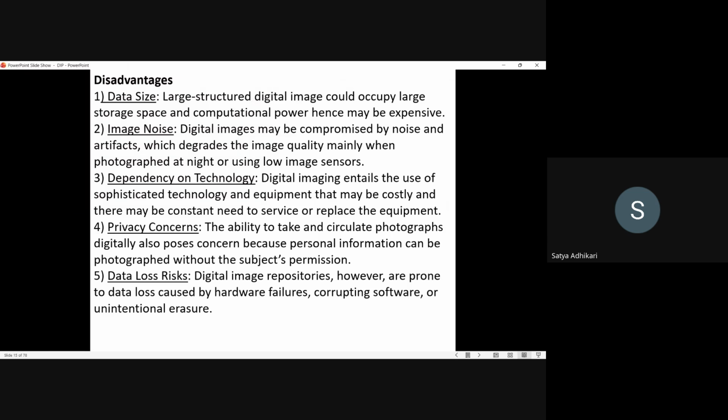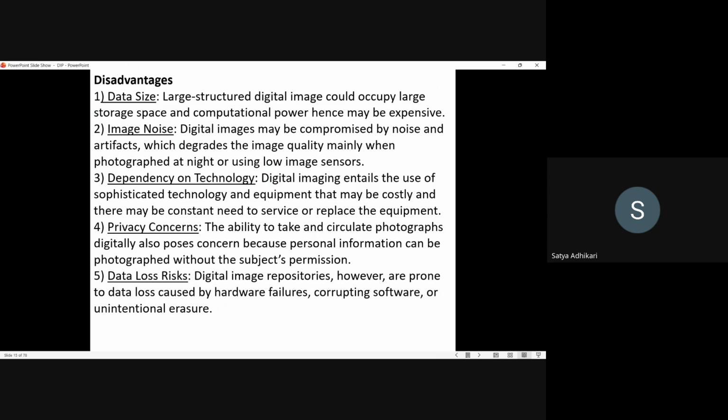Dependence on technology. Digital imaging entails the use of sophisticated technology and equipment that may be costly, or there may be a constant need to service or replace equipment. That is, it always depends upon the technology. Privacy concern. The ability to take and circulate photographs digitally also raises concern because personal information can be photographed without the subject's permission.